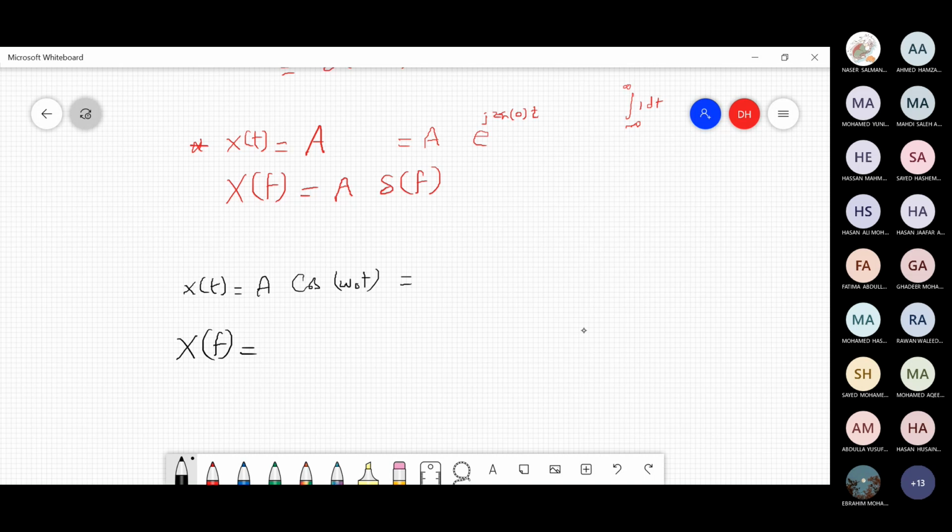This one I can write as a times e to the power of j omega naught t plus e to the power of minus j omega naught t, divided by 2. So a divided by 2. Now this case is exactly the same as this one.